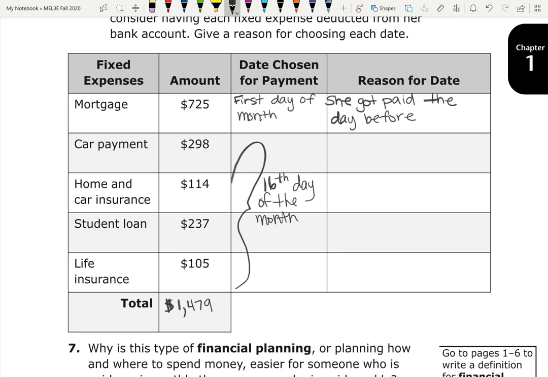All of these combined are pretty much the same amount as the mortgage. So the reason for this date, again, is because she just got paid, and I want to spread that out from the mortgage so that we don't eat all of the income that she's receiving for that pay. Okay.